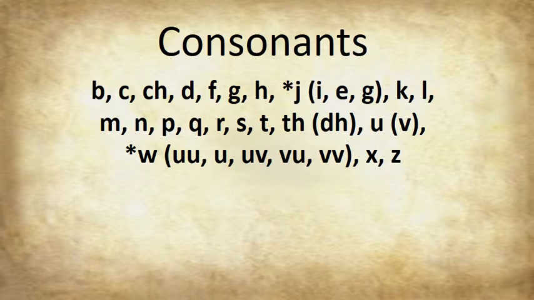We have two U's, one U, a UV, a VU, a VV, so we have these combinations of the V and the U, which would make the W, hence why we call it a W in the modern character, if that makes sense. But let's move on to the next letter. And then we have X and Z.